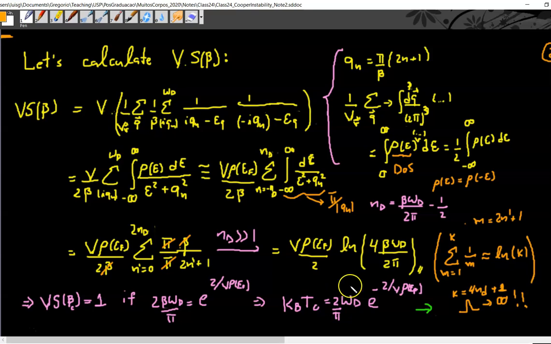Notice that this can be much smaller than the Debye frequency or the Debye temperature. We saw in a previous class that the Debye temperatures can reach, say, 100 Kelvin or so. But there's this exponential factor that depends on V and on the density of states at the Fermi energy, which appear in the denominator here. So the larger either the potential or the density, the larger this critical temperature will be.